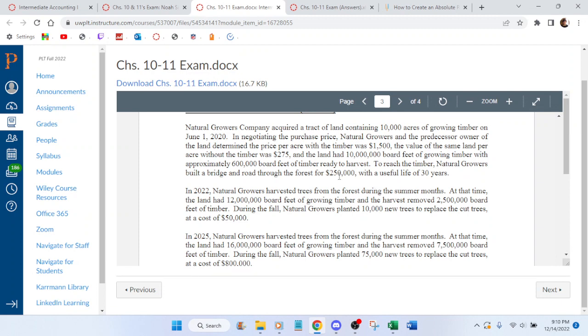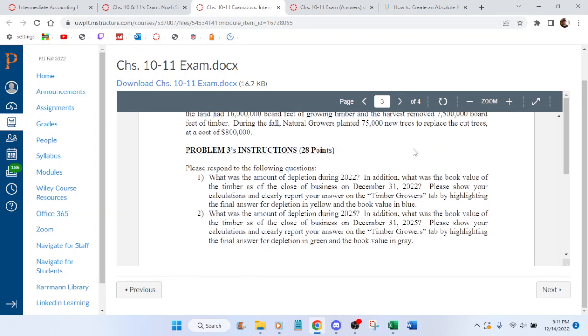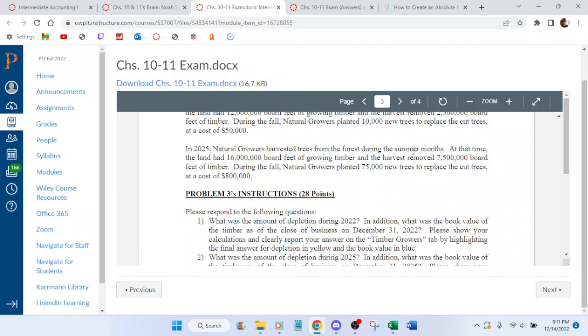You would think that the bridge and the road is like getting the land ready for use. Oh, maybe that counts towards the cost of land. I don't know. Because you're getting the land ready for its use. So, how does that not count towards the land cost? I don't know. Anyways. Wait, what's the question? What's the amount of depletion during 2022?